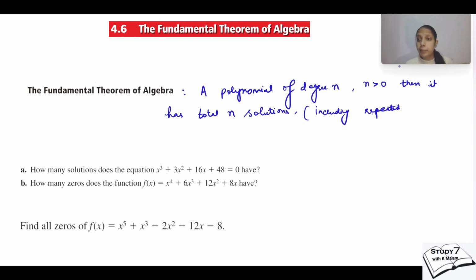Sometimes a root is repeated, so I have to count it twice. If it's repeated 2 times, I will count it as 2 roots. Complex: if I say complex, real is already in. Okay.